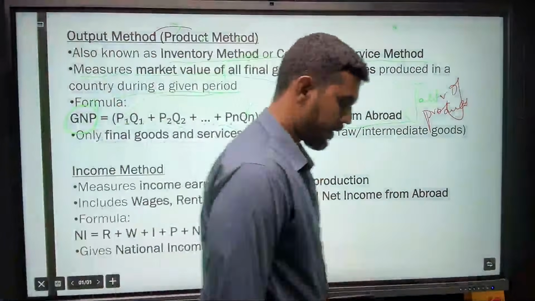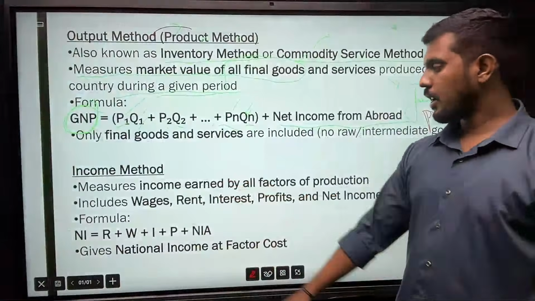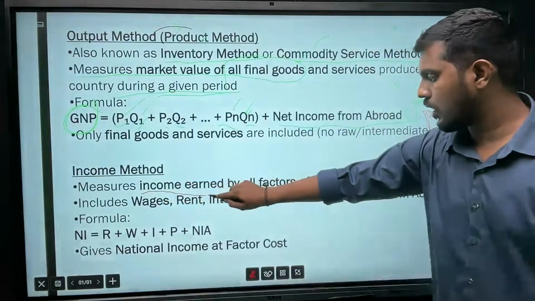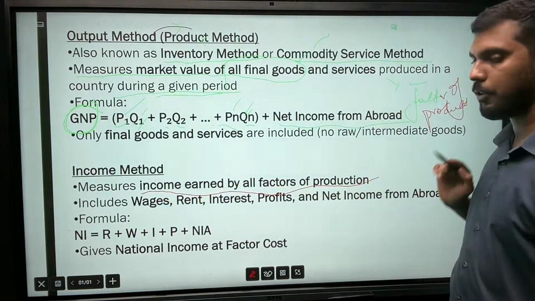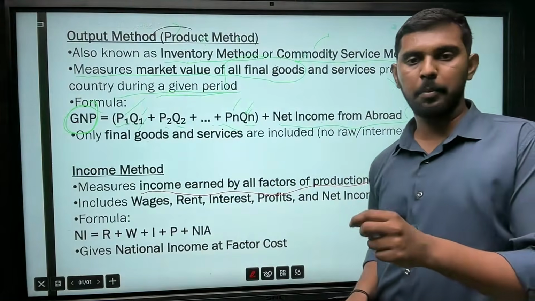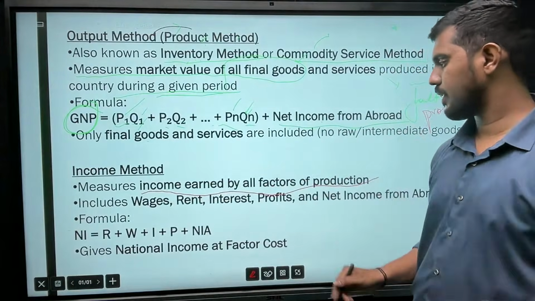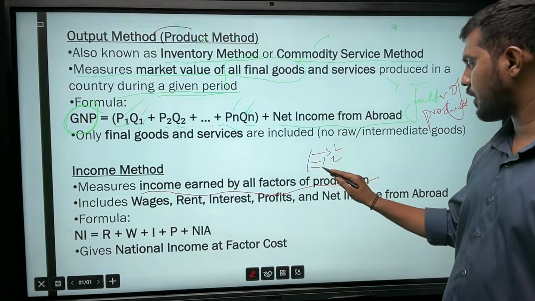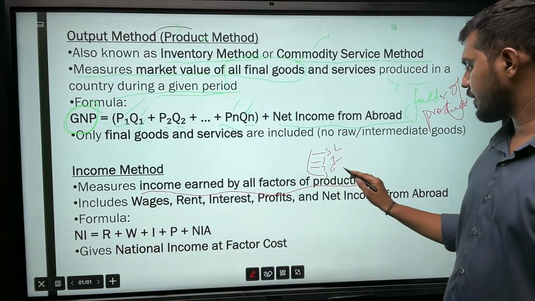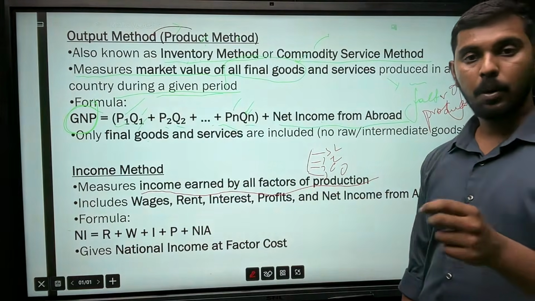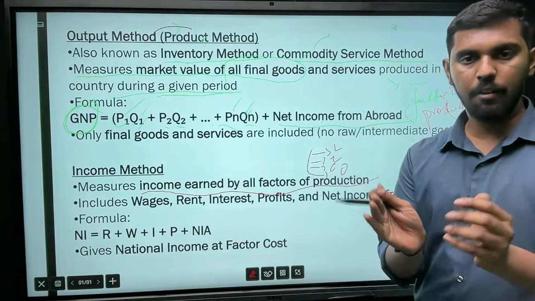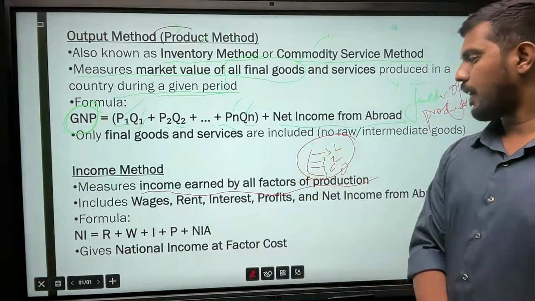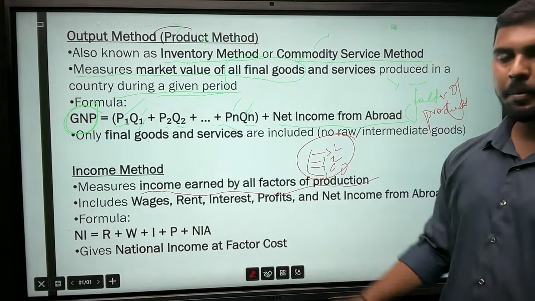So what is the income method? Measures income earned by all the factors of production. I told all factors of production are nothing but land, labor, capital, organization. How is income received?